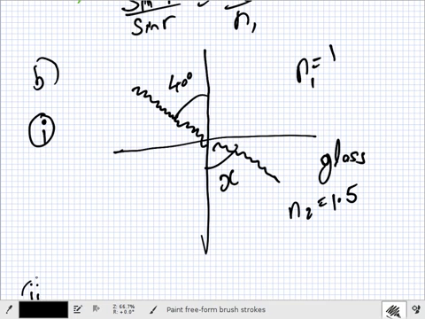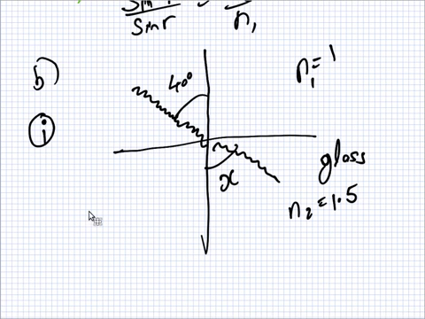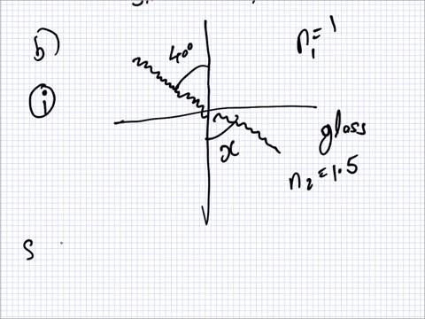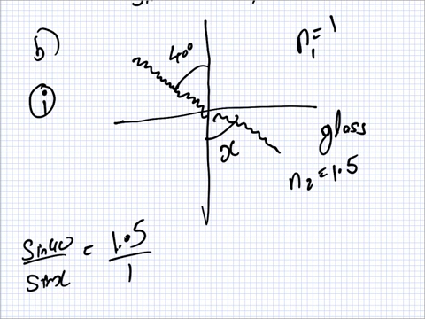Right, so the formula is sine 40 over sine x equals 1.5 over 1. Easy peasy. Let's try that again.